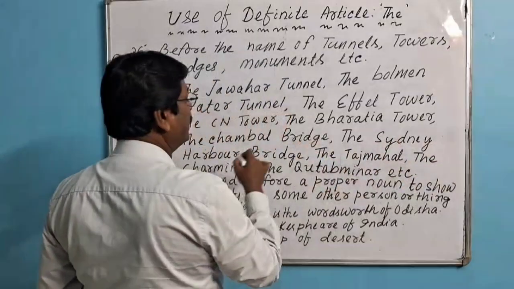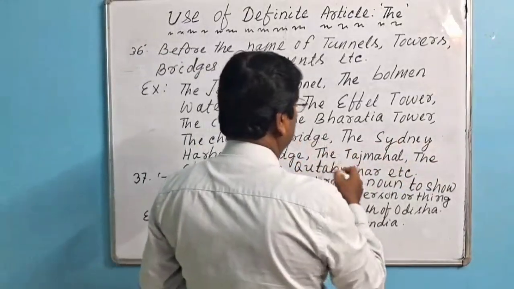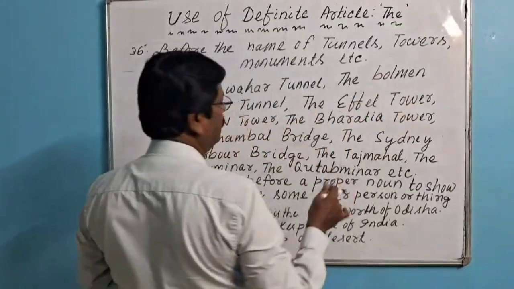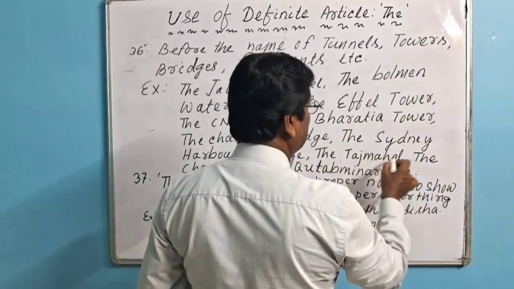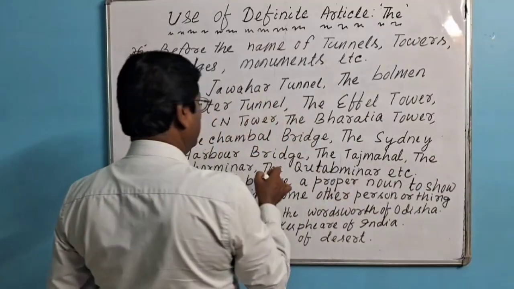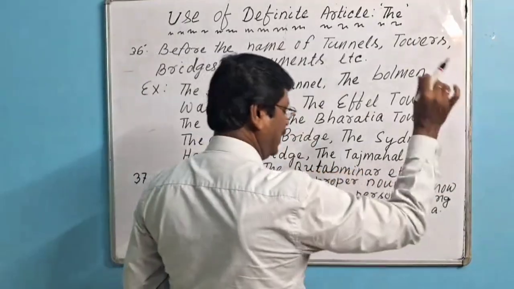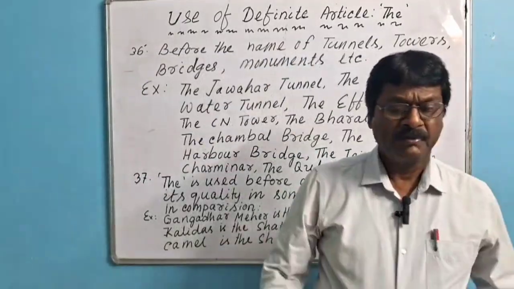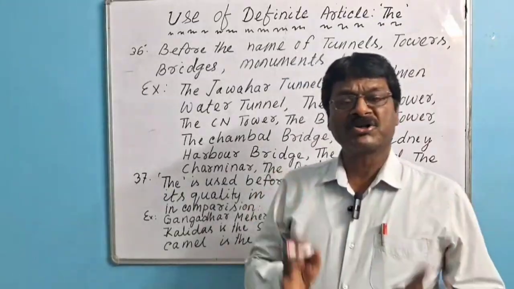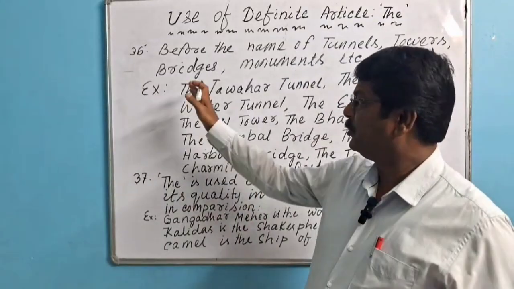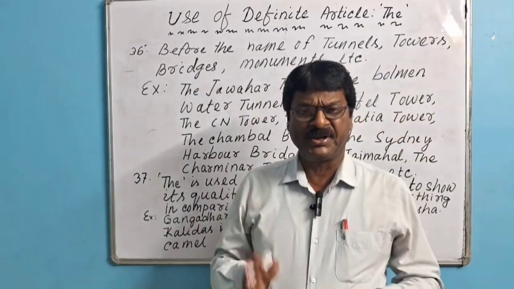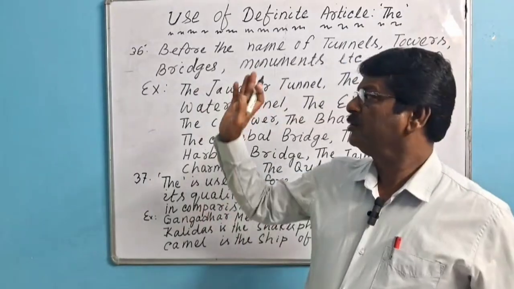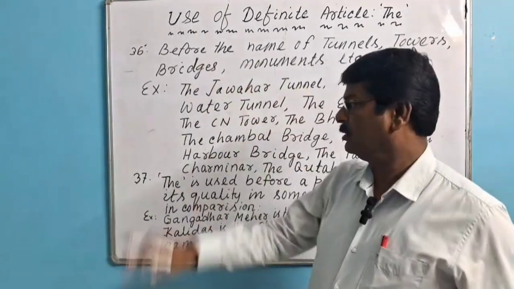The Sydney Harbour Bridge. The is also used before the name of monuments or historical buildings like the Taj Mahal, the Charminar, the Qutub Minar. Okay, we have to remember this, and cautiously we have to use 'the' before the name of towers, tunnels, bridges, or monuments.